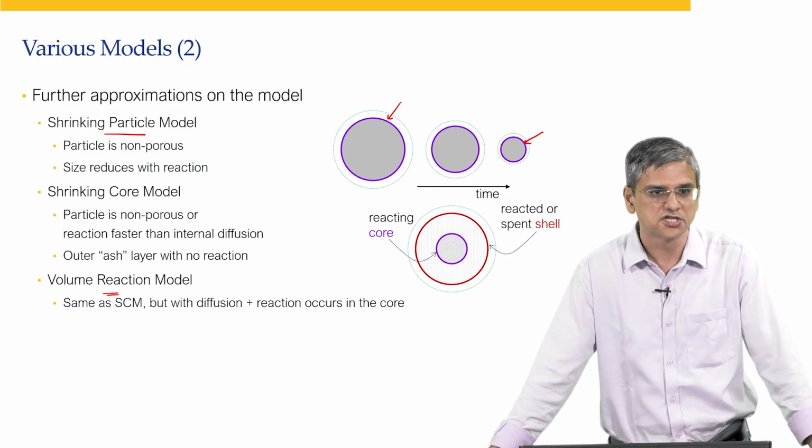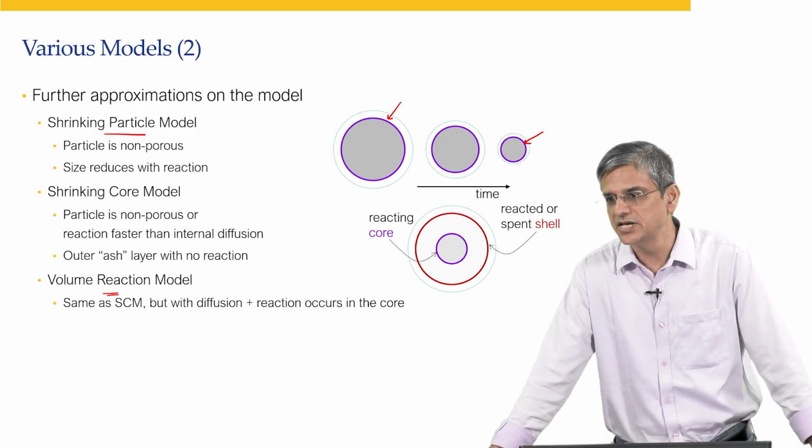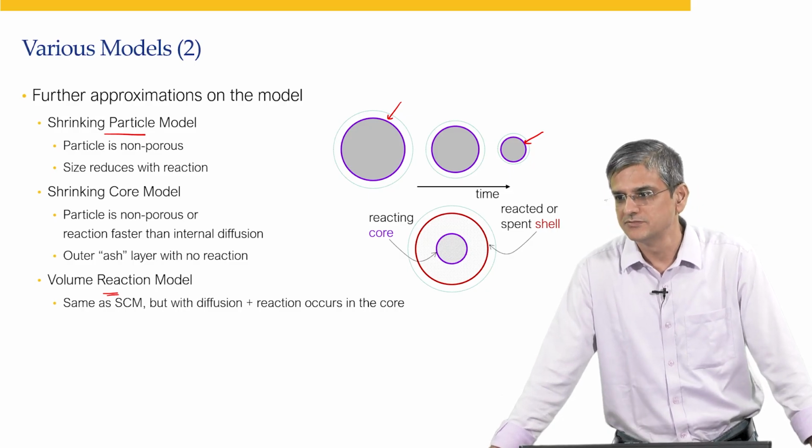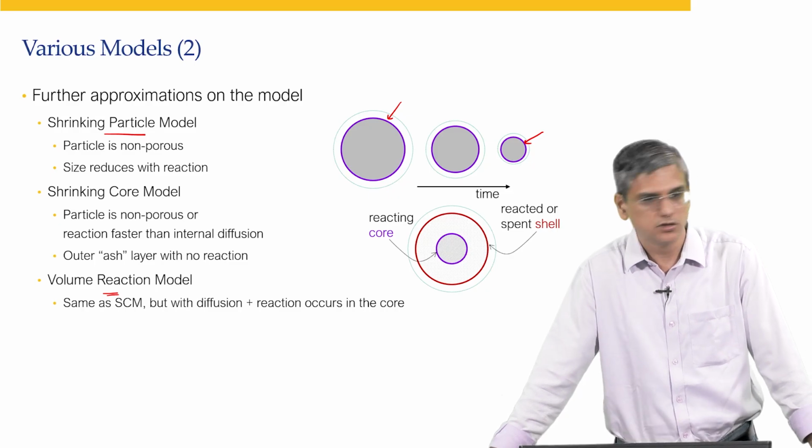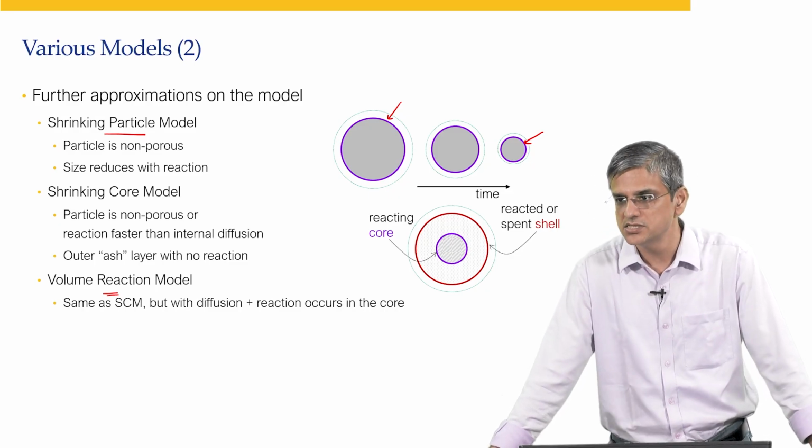They are all in relationship with each other, which basically means your Thiele modulus phi is small and therefore the entire particle is reacting uniformly.